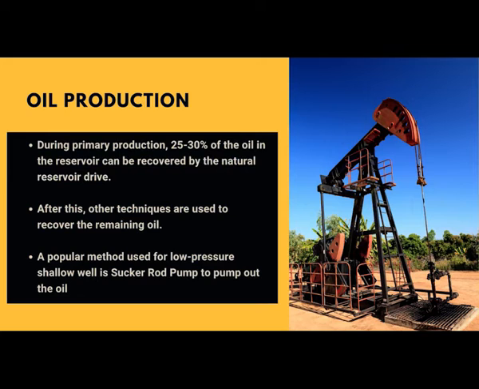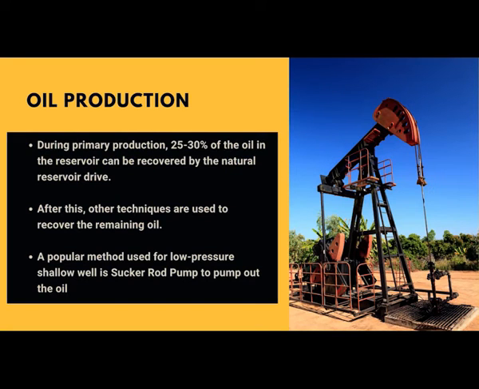So, the moment you start drilling that particular rock, the oil and gas will start coming out on its own pressure. This way, almost 25 to 30% of the oil is taken without any additional driving force. But once this starts declining, we have to put up an additional mechanism to take out the oil.